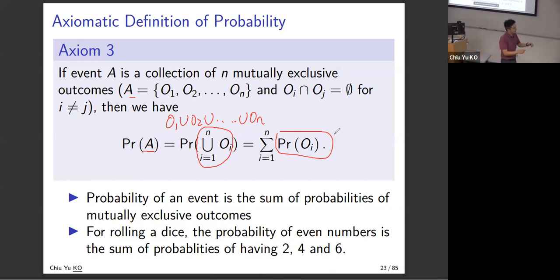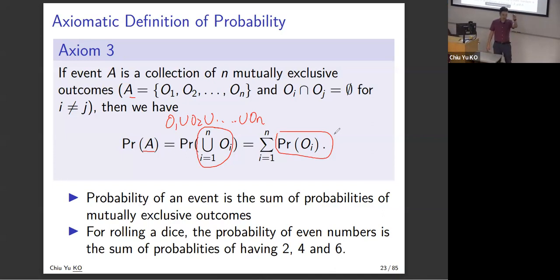As I said, probability in modern language is a measurement, measuring how large the set is. It doesn't matter how you measure in a different way. Okay, so that's what you mean, right? As long as they're mutually exclusive, you can just add them up. It's fine. That means the following: if you roll a die, the probability of getting an even number will be the probability of getting 2 plus getting 4 plus getting 6.